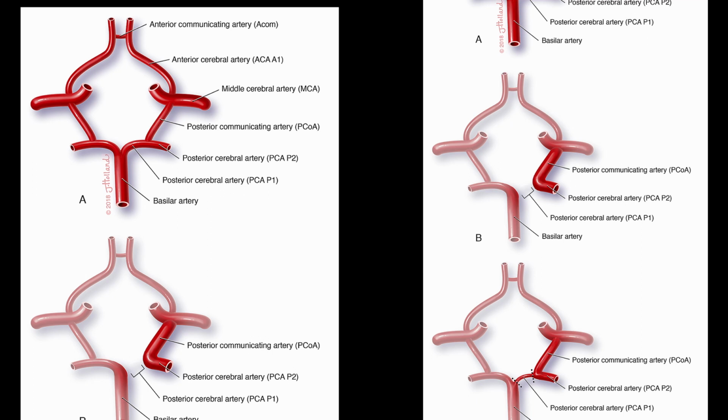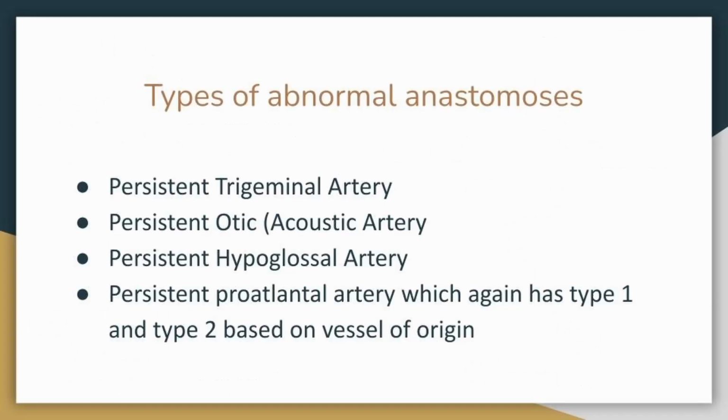Okay, coming back to our persistent carotid vertebro-basilar anastomosis, the other thing we have is the persistent otic or acoustic artery. It is very controversial and it's not very sure if it really exists at all. It arises from the petrous ICA. Which was the petrous ICA? Petrous ICA was the second part in the Bouthillier classification.